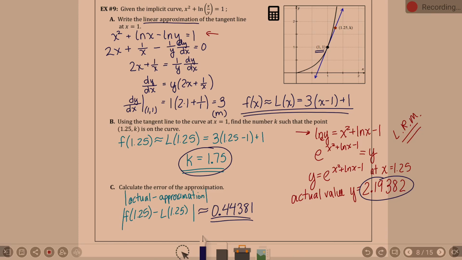So just so you're prepared for homework, it's officially the absolute value of f of 1.25 minus the approximation at 1.25, divided by, as Caitlin said, the actual, and then officially times 100. That just makes it the percent form.